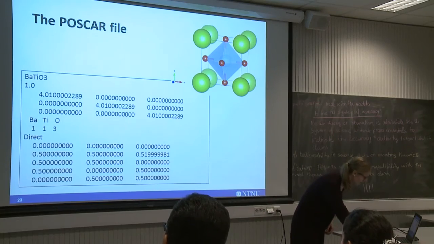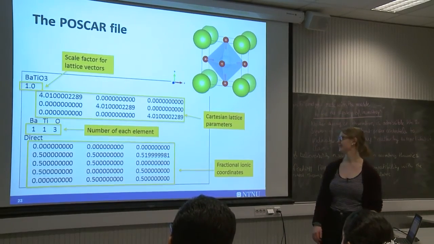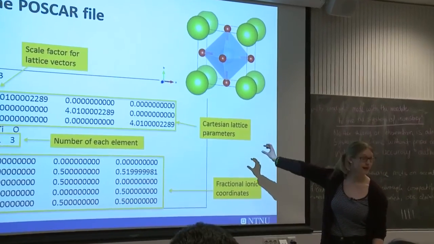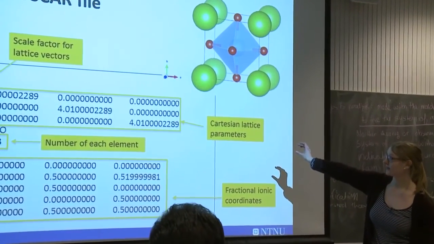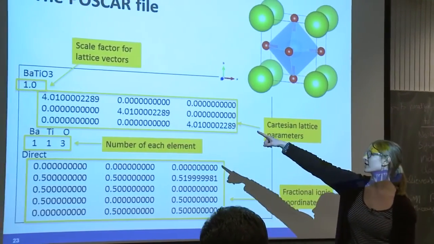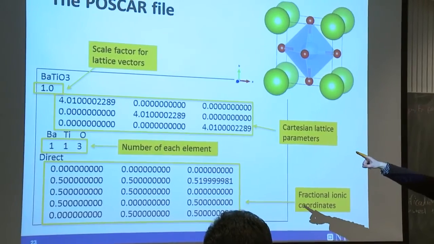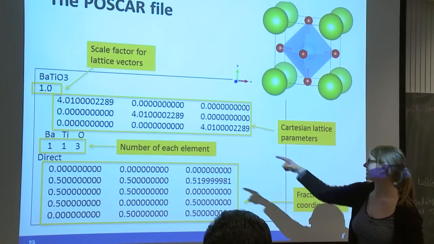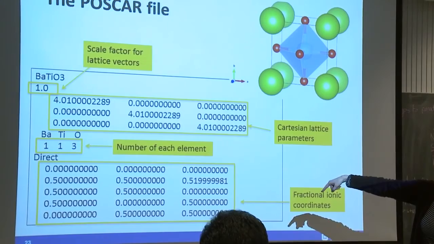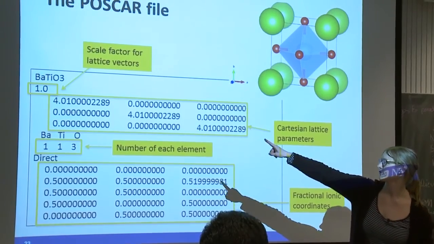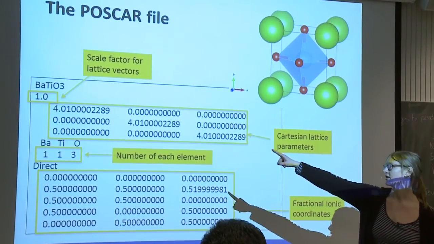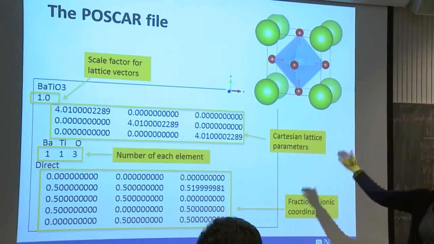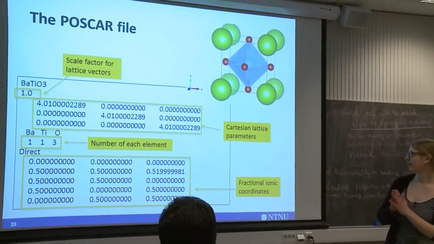So what does it mean? Well, this is basically just the Cartesian lattice parameters. You have a scale factor here that you can choose to use if you want. You could, in principle, since a equals b equals c, set the number 4.01 there, and then just put 1, 0, 0, 0, and so on. But never mind.